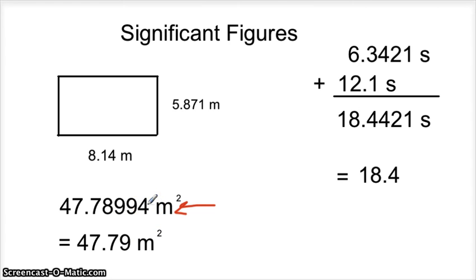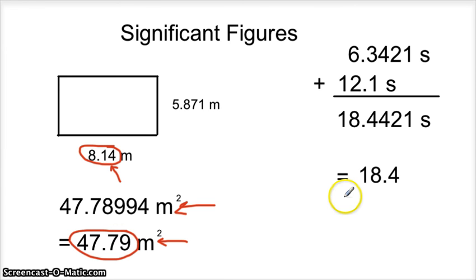You don't know it that well because the least precise measurement was only to the hundredths. So to be more precise, you must round the value to the least precise measurement, and that's why you use significant figures. In this case, the answer should be to the nearest hundredth. That's exactly why.